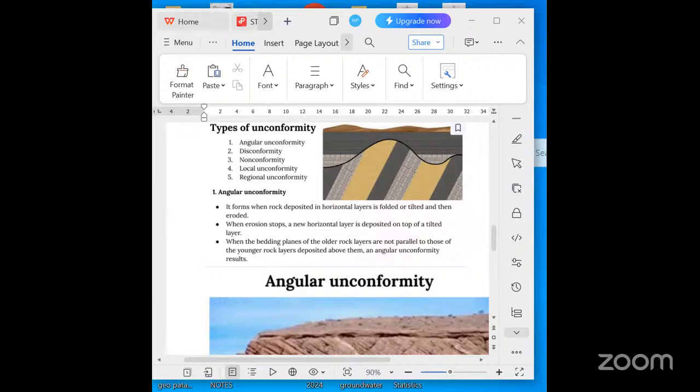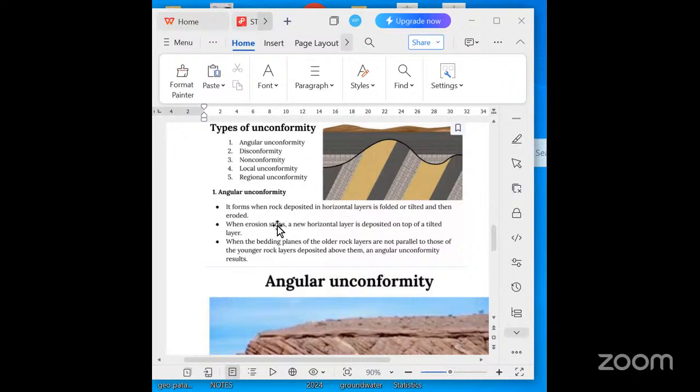Okay, right. Angular unconformity is a surface of erosion that separates strata which are not parallel, right? The two groups of strata show differences in dip, or in both strike and dip.